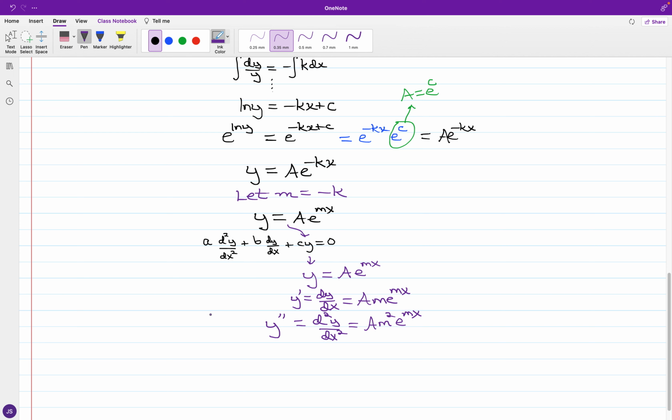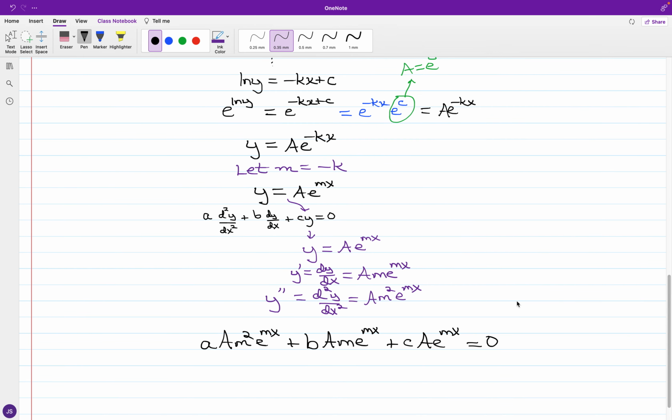And so substituting what we have here, we get uppercase A m squared times e to the mx, plus b dy over dx, or by prime, and that translates to b times a times m times e to the mx, plus cy, so it's c times a times e to the mx, is equal to 0.